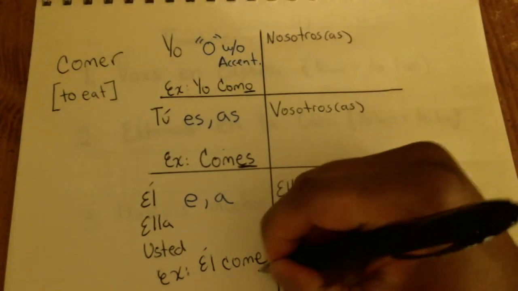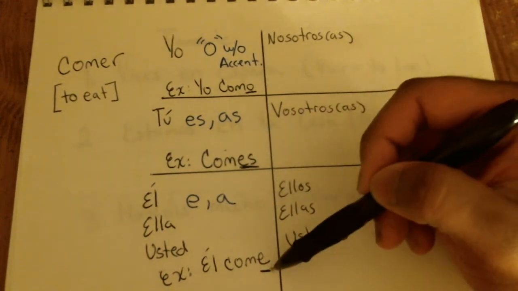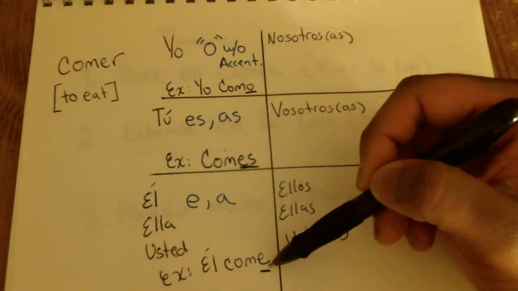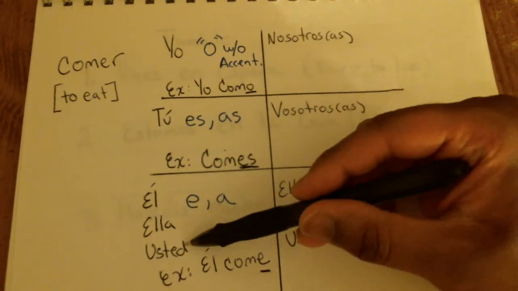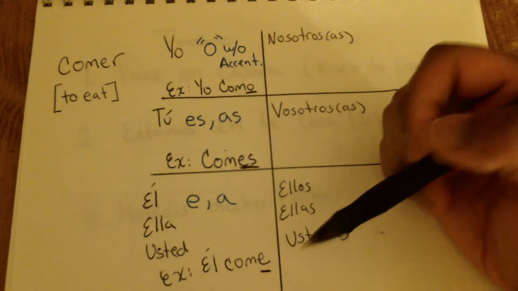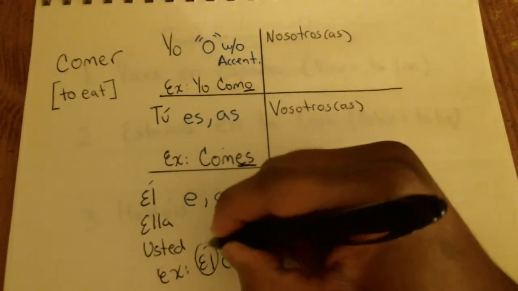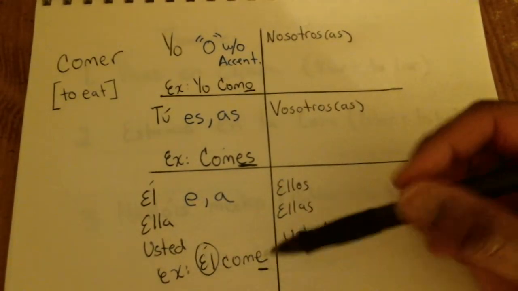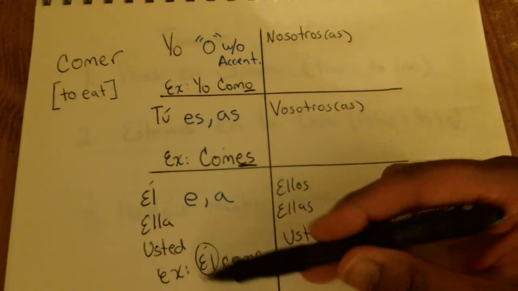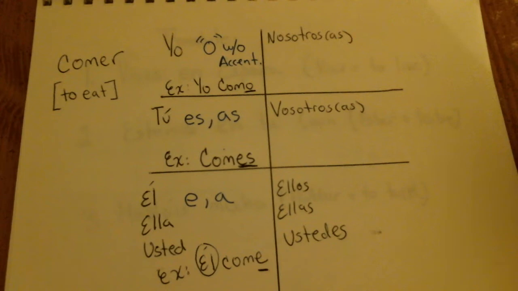See how we have this ending right here, just like right up here? So this ending means that he is doing the action, or she is doing the action, or you, formal, is doing the action. So how do we know which one of these is doing the action? Typically in Spanish, when you have a verb that has three kinds of possibilities to go along with it, they will specify which is doing the action beforehand. Other times, you'll just know from context clues.